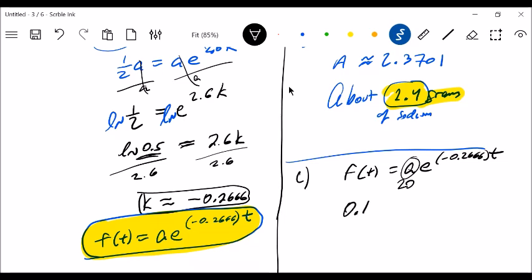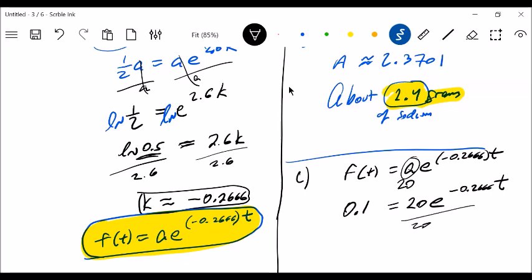So we'll actually do 0.1 is equal to 20 times e to the negative 0.2666. It was 0.2 and then 3 sixes. And the T, we don't know how much time. That's what we're trying to find out.